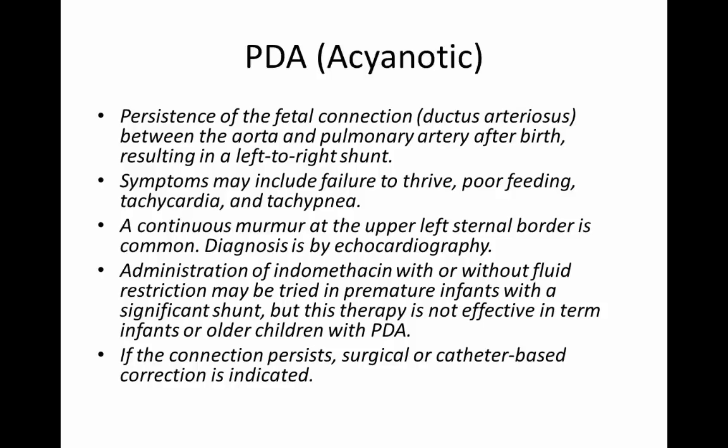So in premature infants with compromised respiratory status, the PDA can sometimes be closed by using prostaglandin synthesis inhibitors such as indomethacin or ibuprofen. Fluid restriction may also facilitate ductal closure. If not, then ligation with surgical repair.